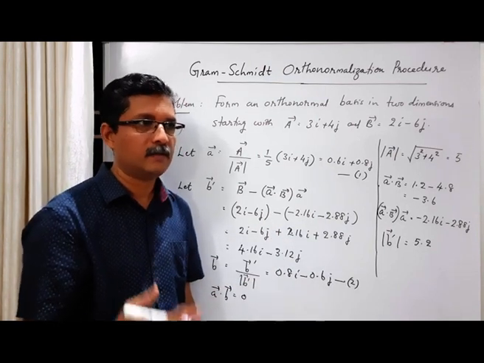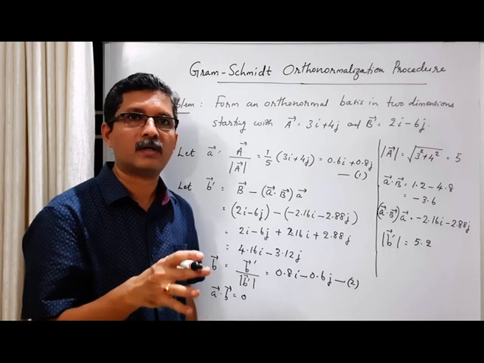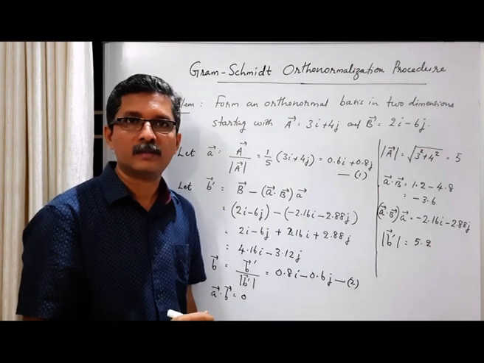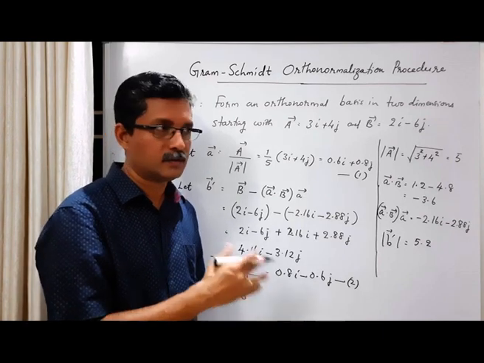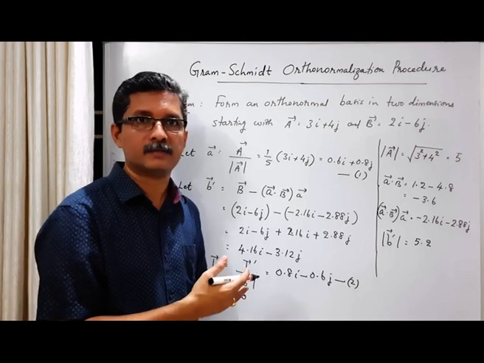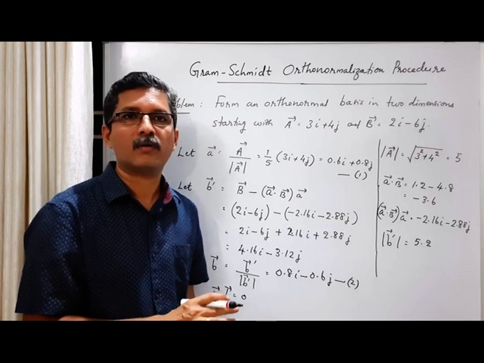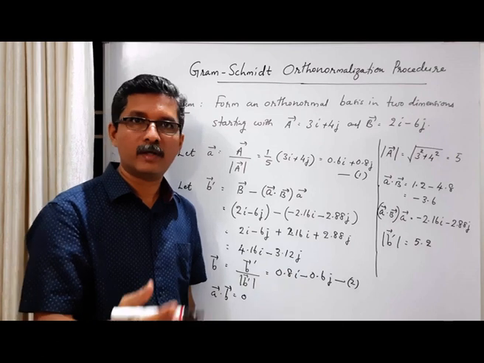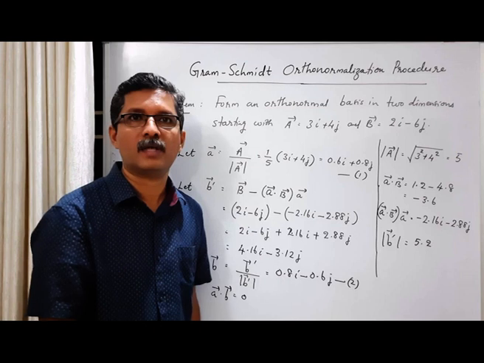You might have studied the Gram-Schmidt orthogonalization procedure in the context of functions when you studied Sturm-Liouville theory in differential equations. That idea is the same as this one, because functions can be treated as vectors. So today what we have discussed is a general procedure for getting an orthonormal set of vectors. Many quantities including functions can be treated as vectors, and the same procedure is applicable there also.